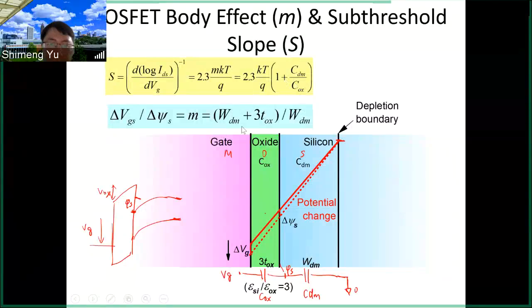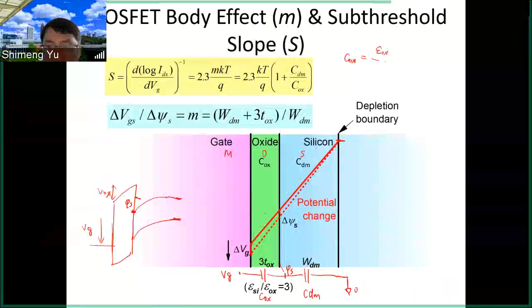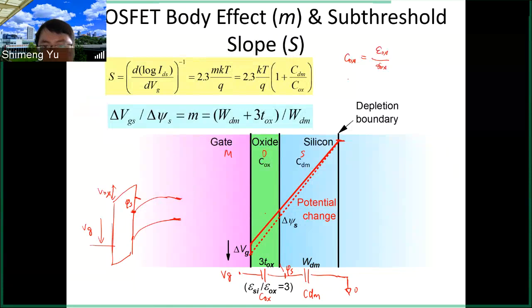And actually you can replace the capacitance with the thickness of the capacitor. For example, here you know the COX is epsilon OX divided by TOX, where TOX is the thickness of the oxide. And C depletion, that's in the silicon, is epsilon silicon divided by the depletion width WDM.